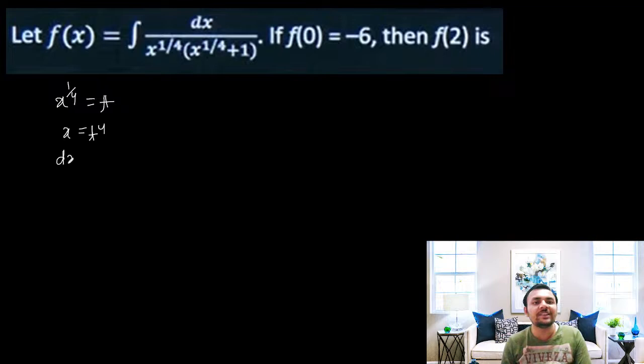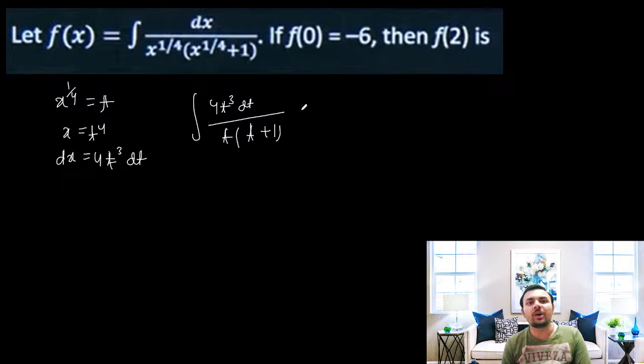And can we say that dx is equal to 4t cube dt? Now when we go here, dx is 4t cube dt, and x to the power 1 by 4 was t, and at the bottom it is t plus 1.